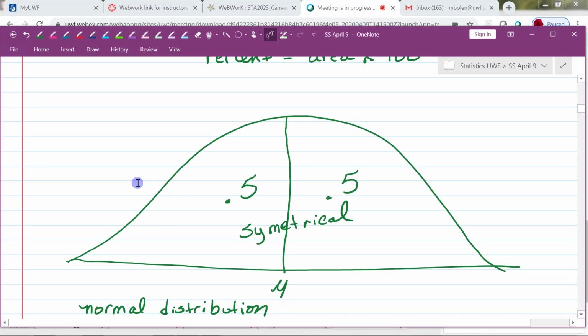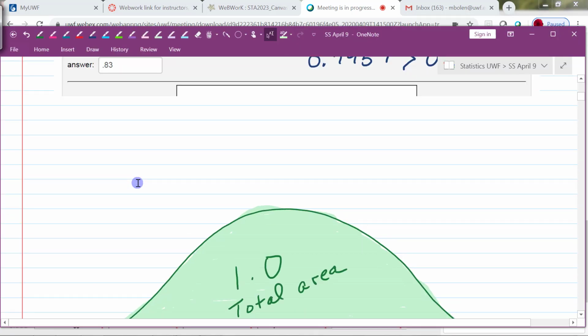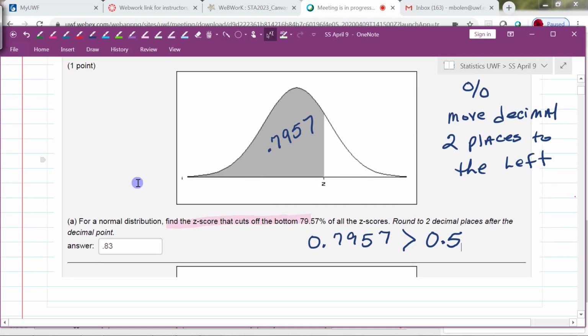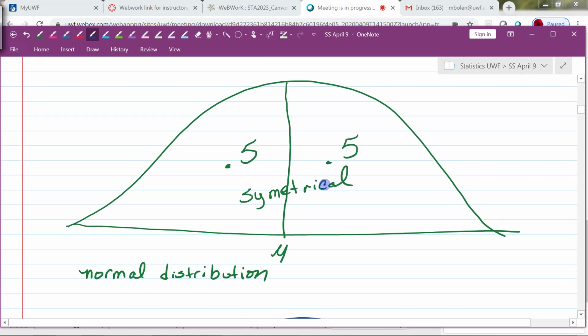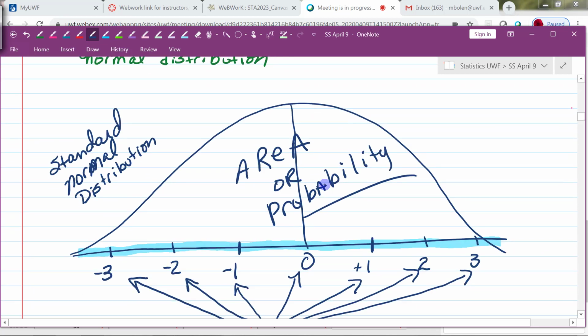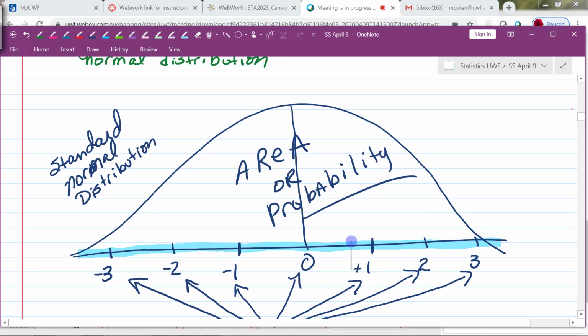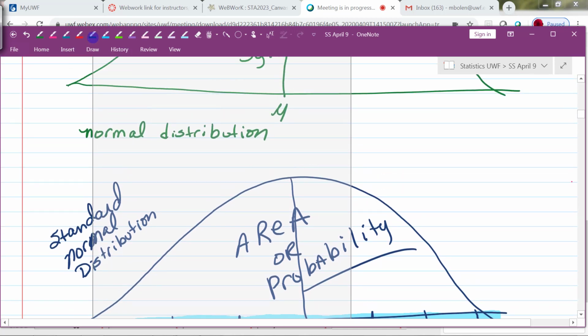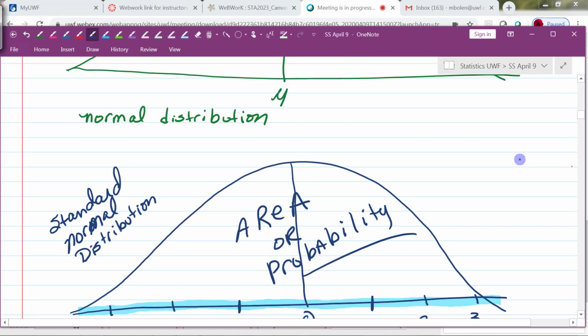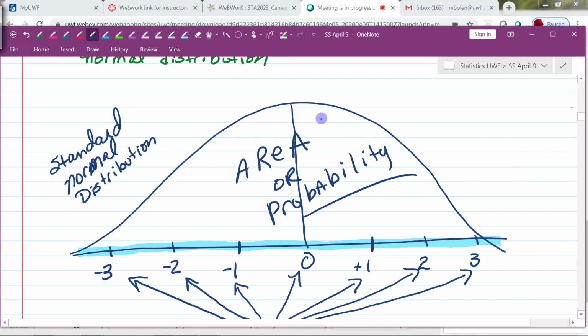So that's how we knew that the total area up here had to be shaded and the z is to the right. Let's look at this one here. Remember that on this picture right here, we have 0.5 on this side, and we have 0.5 on this side.